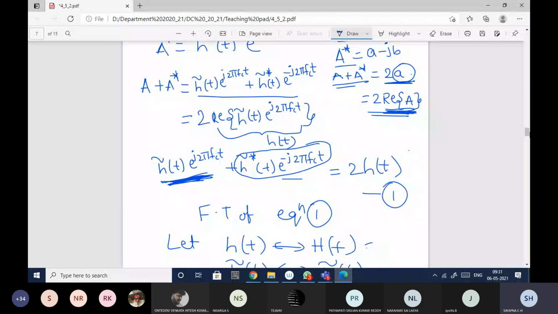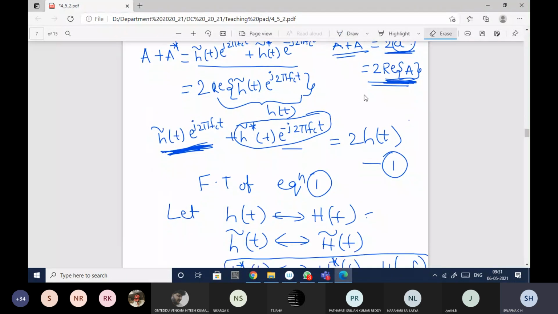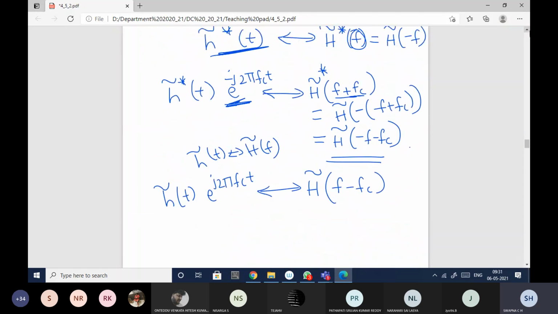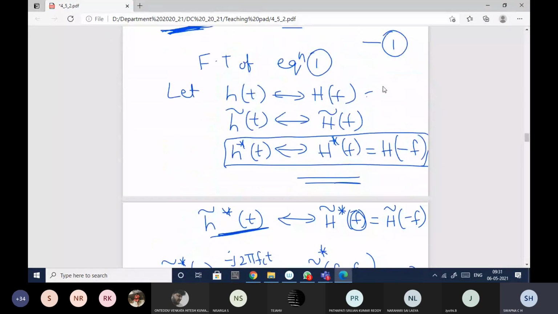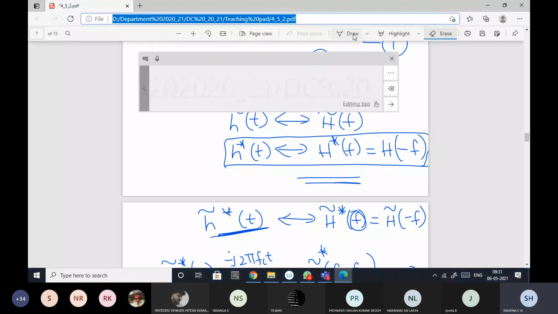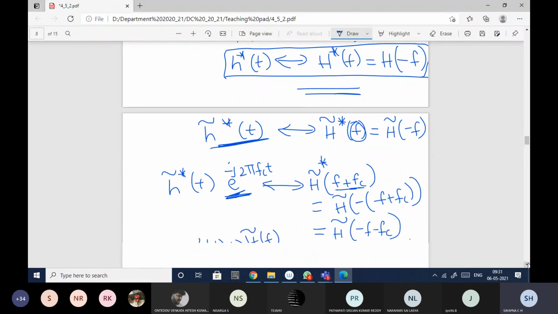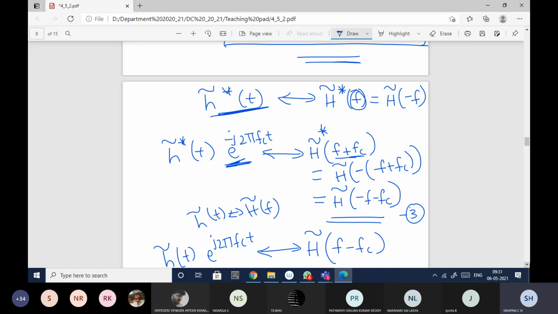Okay, so let me write this. I've written this as 1. This let me write as 2. This I'll write as 3.